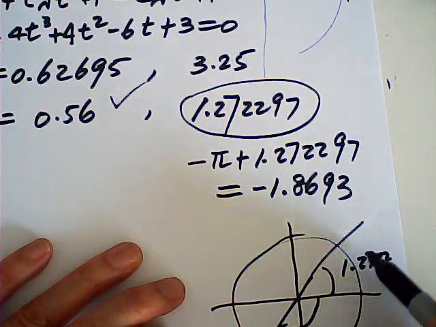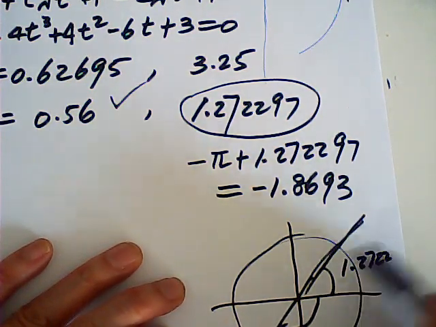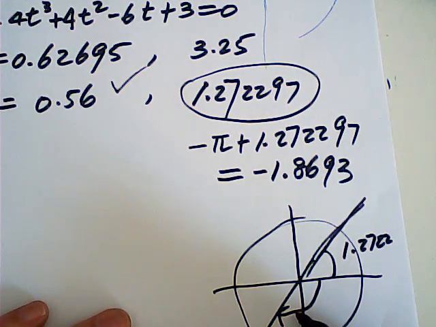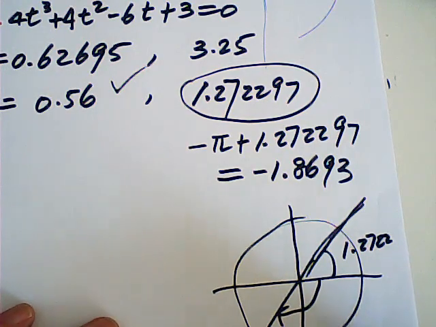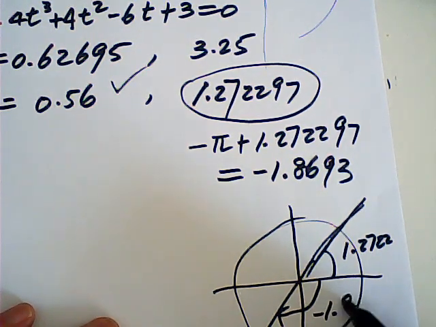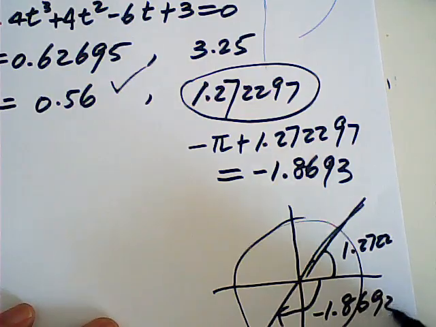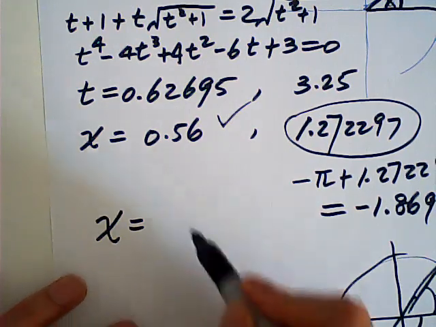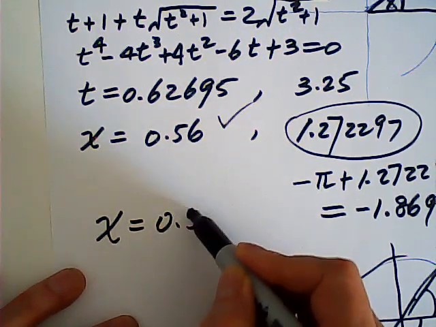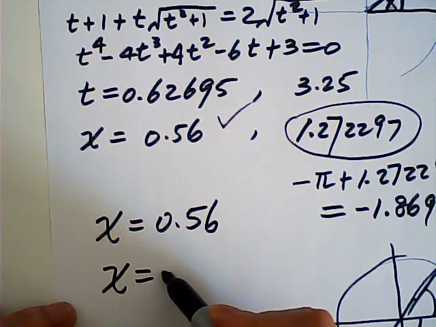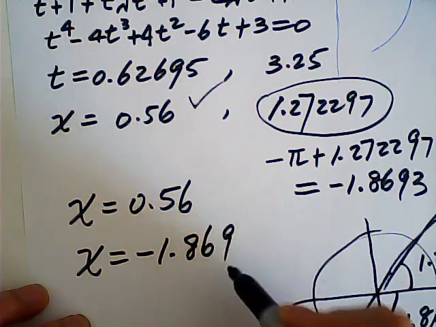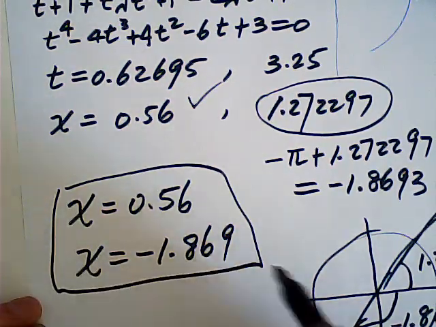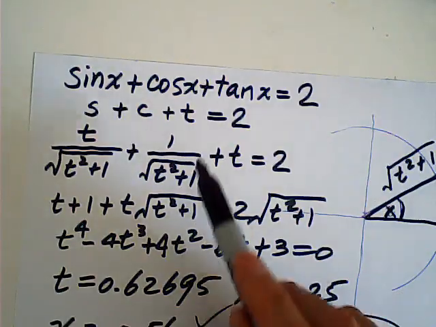This angle's tangent is also equal to that of the other angle. So this angle is that angle minus pi. So that angle is negative 1.8693. So our solution is that x is equal to 0.56 or x is equal to negative 1.869. These are my solutions to this equation.